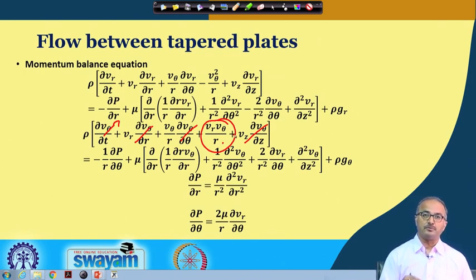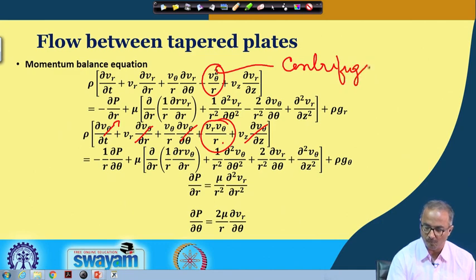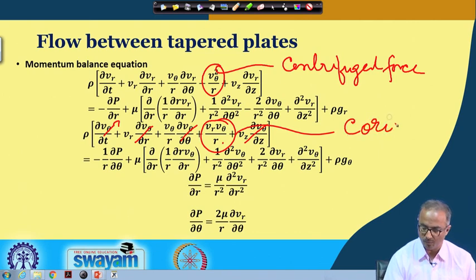This particular force is called the Coriolis force, and this is the centrifugal force.